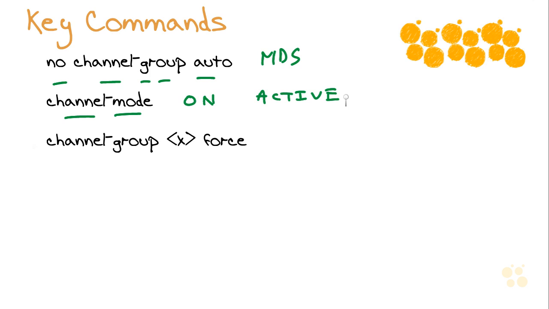Something else to watch for is that you have interface parameters on a particular interface that are not compatible with the already existing port channel that you have set up.